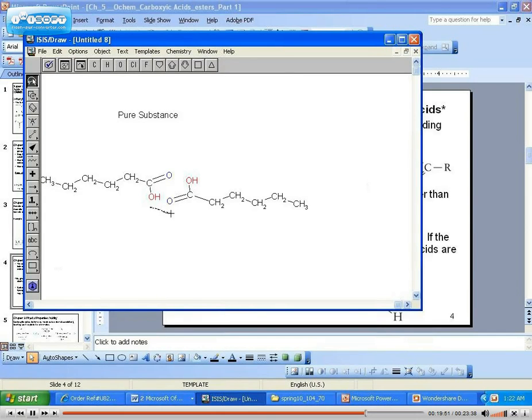The carbonyl oxygen is going to hydrogen bond with the hydrogen on the alcohol oxygen, and voila, they have hydrogen bonding. At the same time, you're going to have hydrogen bonding between this carbonyl oxygen and this alcohol hydrogen. So again, here's a classic example of a hydrogen bond dimer.